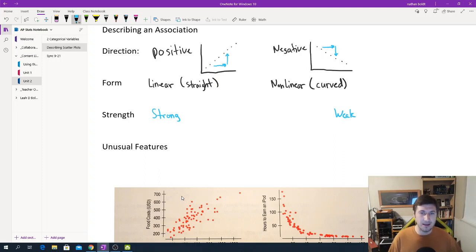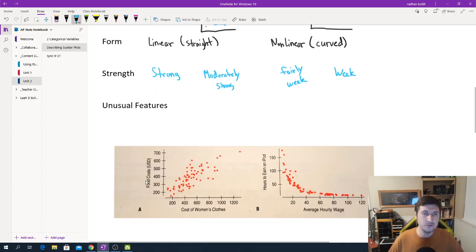Okay, and in the middle you can have moderately strong, or something like fairly weak. It's sort of a continuum from strong to weak. How good is the linear line, or how good is the curve that you see? How close together are the dots? How strong is that pattern? And so there's some vocabulary you can use for strength.